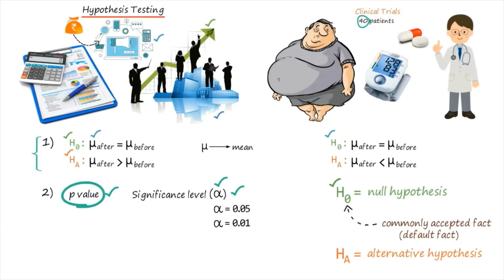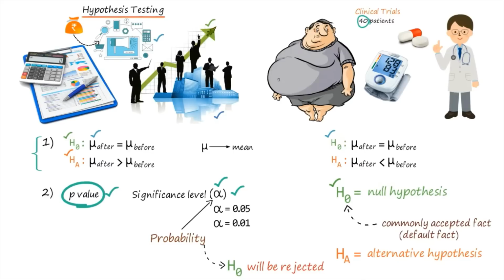Now I have already talked about another parameter which is known as significance level, which is also known as alpha. Now if you ask me this question, what do you mean by alpha? I can say that it is a kind of probability. Now the question is, it's a probability of what? It defines the probability that the null hypothesis will be rejected.